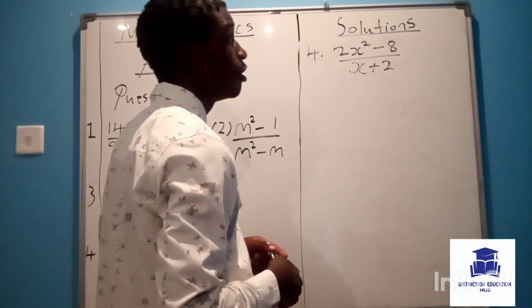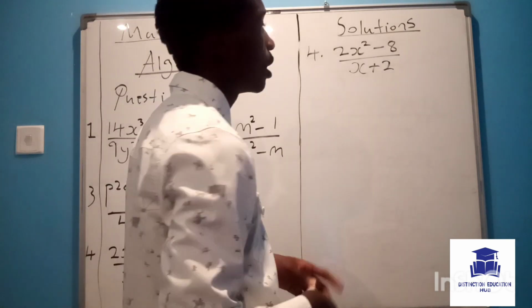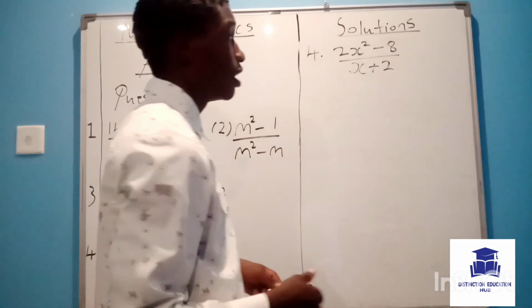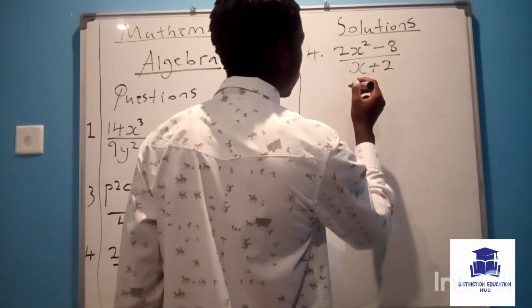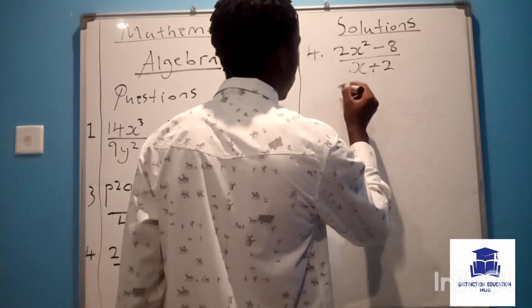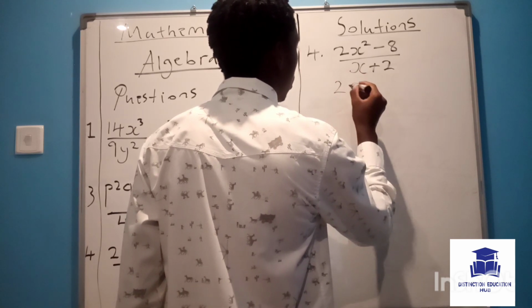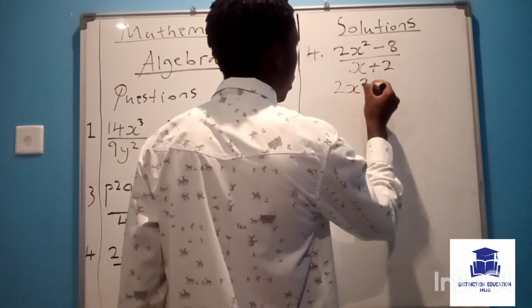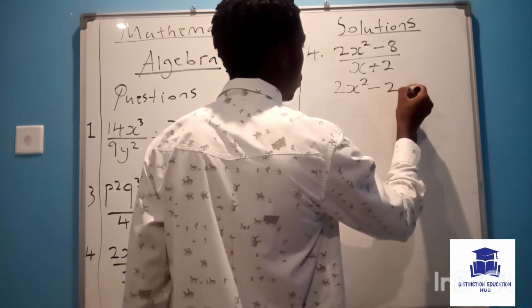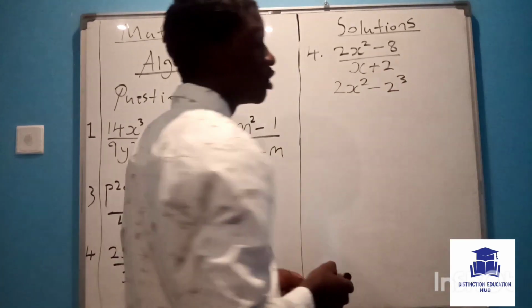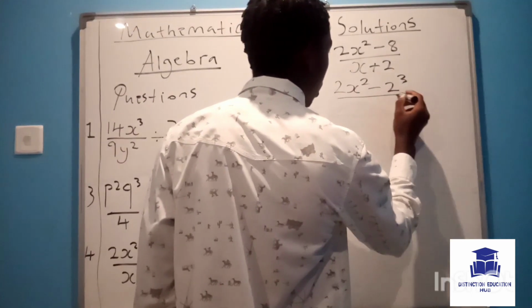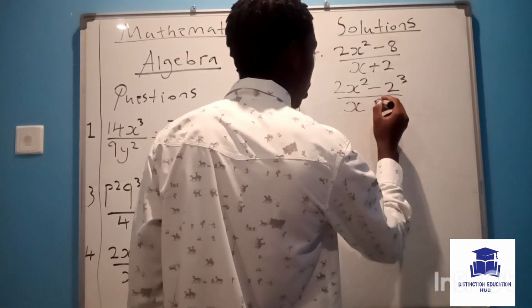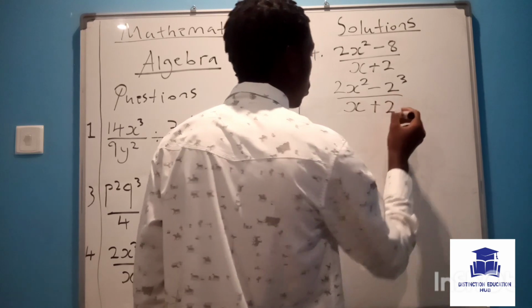When you multiply 2 three times, you get 8. So you do 2x squared minus 2 to the power 3 over x plus 2.